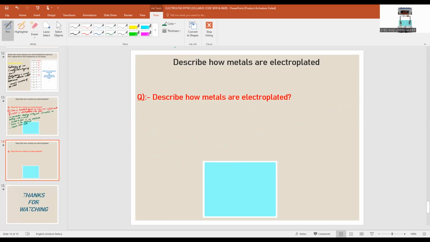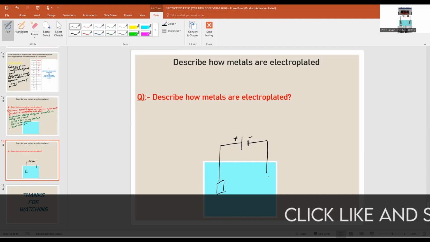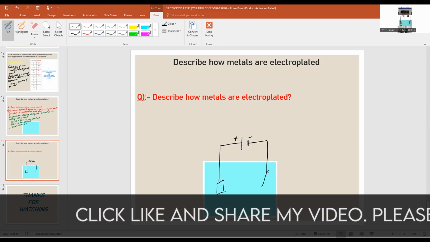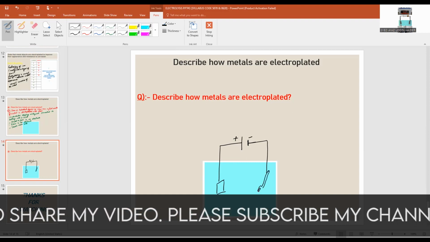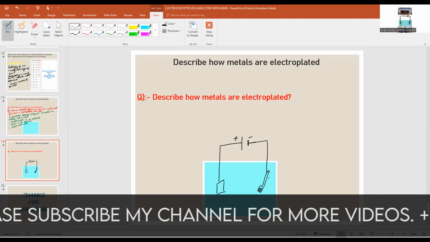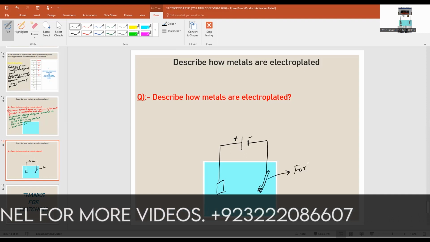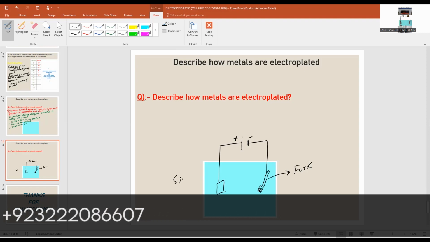The diagram would be like this. This one will be the silver electrode. The short fat line represents the cathode. This is the fork. This is silver.